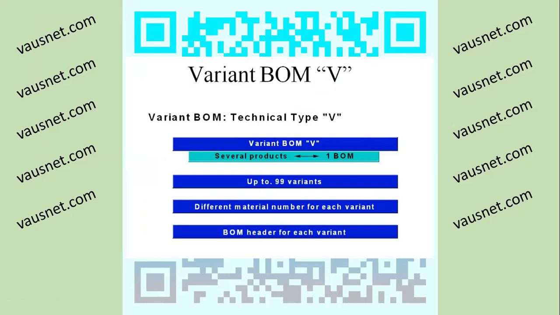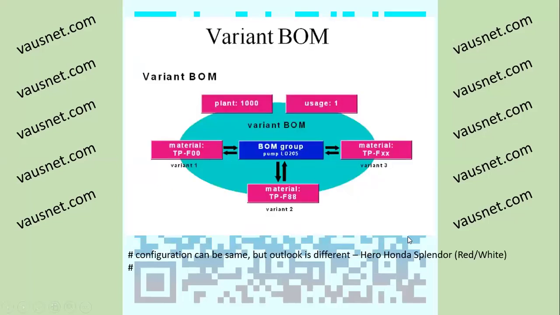Or the variant can be CD70 and 125. So up to 99 variants can be stored and defined. Different material number for each variant. Material numbers can also vary because the engine of a 125 is different from a CD70. So there will be a separate header for each variant.